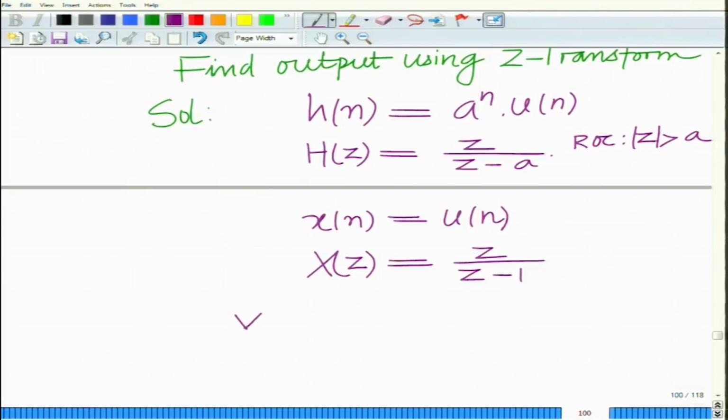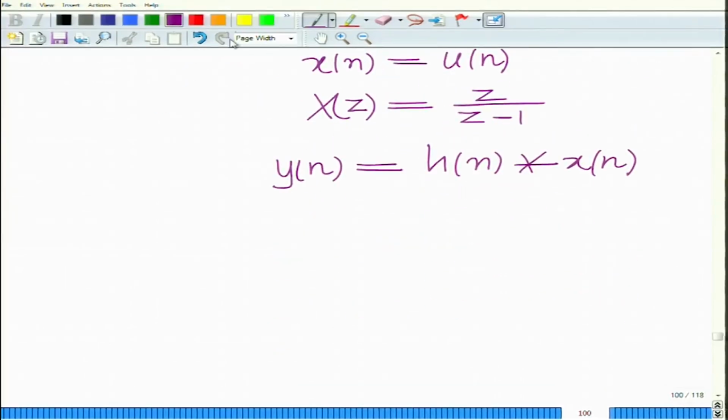Now, Y of z, remember, is the z transform of the output. Now, remember we know y n is simply the convolution h n convolved with x n, which implies the z transform Y of z equals H of z into X of z.